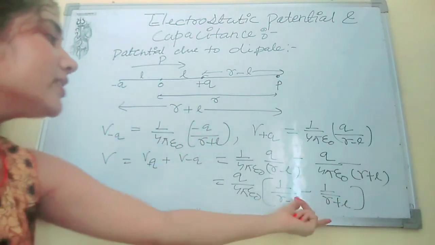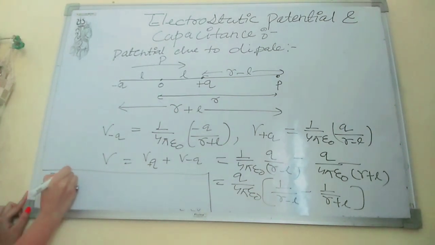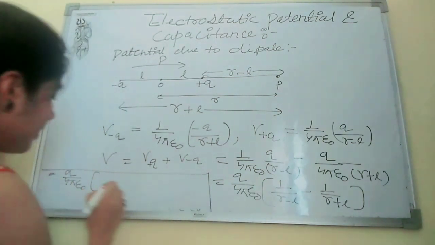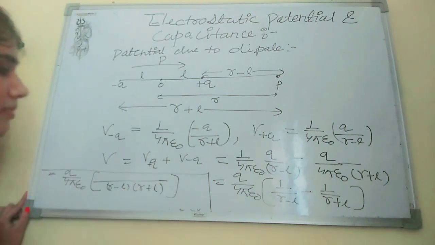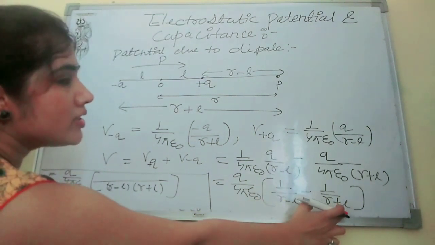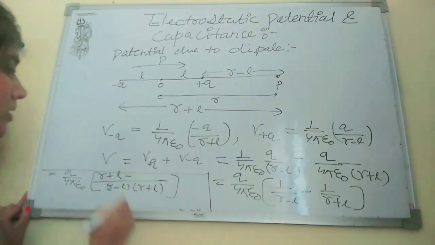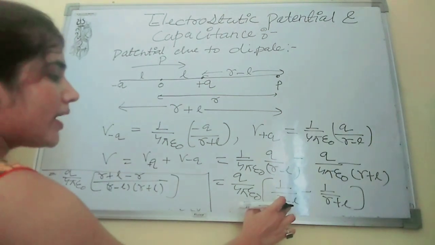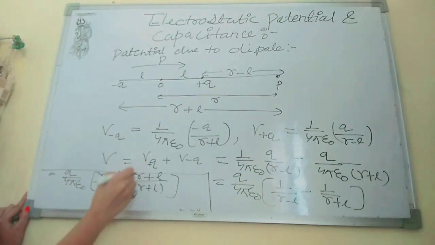Now we simply take the LCM. It will be q upon 4 pi epsilon naught, and if we take the LCM it will be r minus L, r plus L. In the numerator, r plus L simply multiplies with this 1, so that will be r plus L, minus this r minus L multiplied with this 1, so it will become minus r, and minus minus will become plus, so that will be plus L. Here the plus r and the minus r will cancel out.